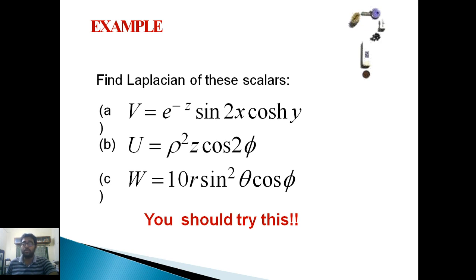The divergence theorem says that the surface integral of a specific vector over a closed surface is equal to the volume integral of the divergence of that vector.